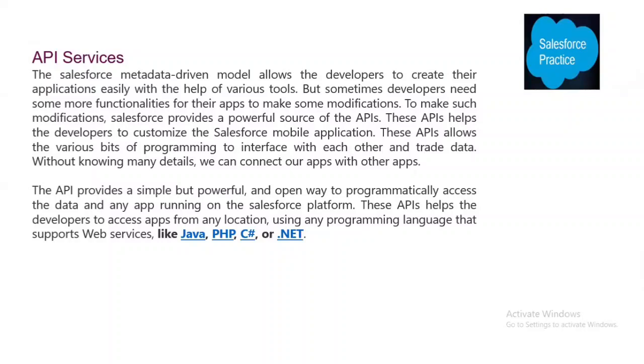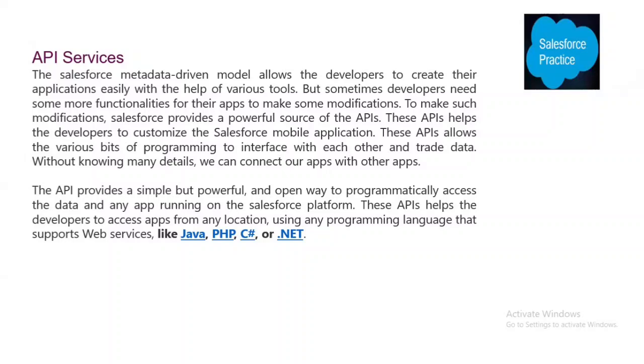But sometimes developers need more functionality for their apps to make some modifications. To make such modifications, Salesforce provides a powerful source of APIs. These APIs help developers customize the Salesforce mobile application. They allow various bits of programming to interface with each other and trade data. Without knowing many details, we can connect our apps with other applications.